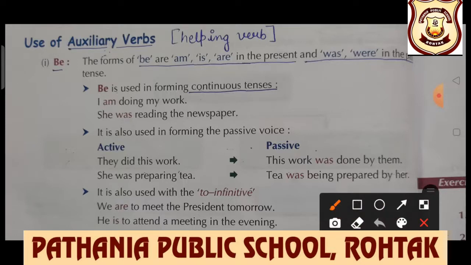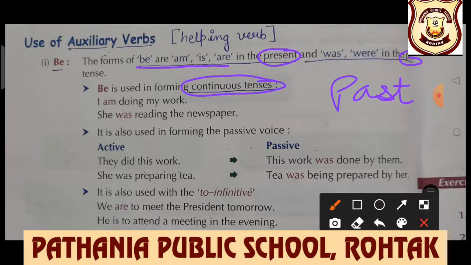The forms of be are is, am, are in present and was, were in past. Now let's see where they are used. Be is used in forming continuous tense. In present progressive and past progressive, we have used is, am, are, was, were. So be is used in forming continuous tense.